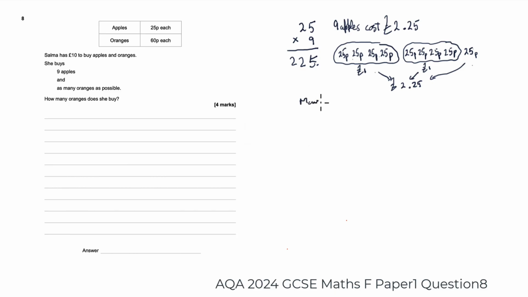So our money that's left, you have to take away from £10, £2.25. So if we do a subtraction, 5 from 0 doesn't go, we go all the way along. We'll take that. We'll take one of these. We'll take one of these.